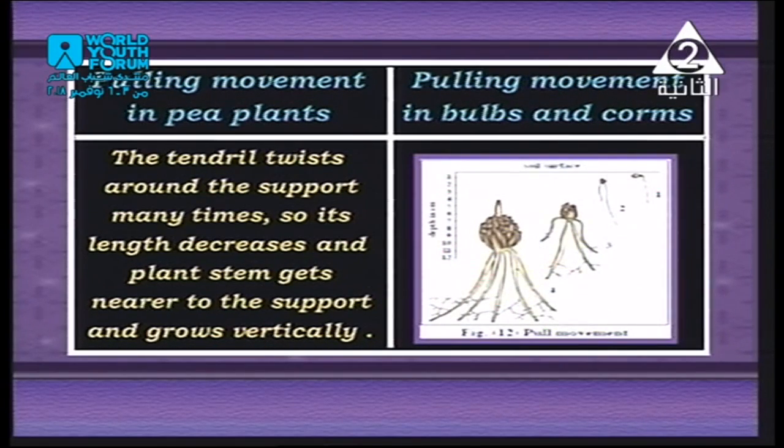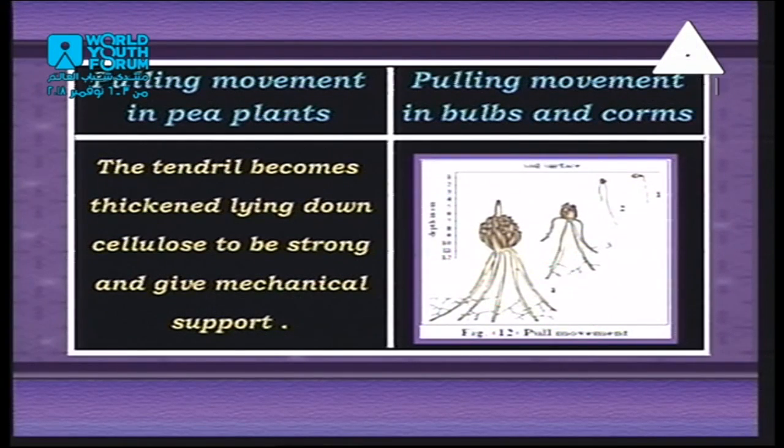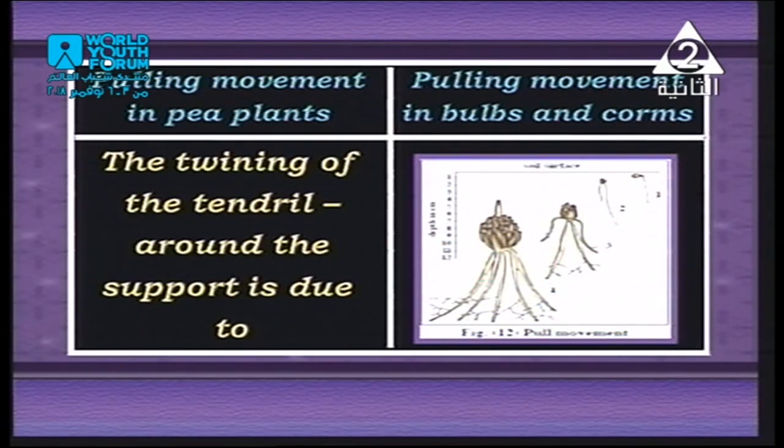This picture shows the example of pulling movement in the case of bulbs and corms. After that, the tendril becomes thicker, laying down an appropriate amount of mechanical support like cellulose to be strong. As we said, the twisting of the tendril many times around the support is due to what?